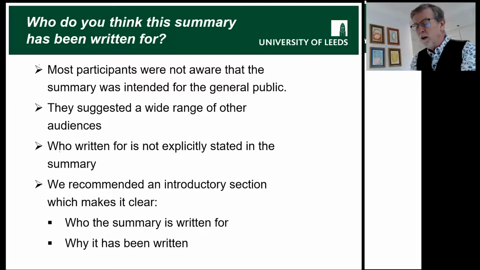And so we recommend that in any document you write for the public, you make sure that it makes clear that it is for members of the public, so who it's for and why it's been written. And in fact, for any document that you write, at the top it should be very clear about these two things, so that you're making sure you're targeting and getting the people that you're looking for.